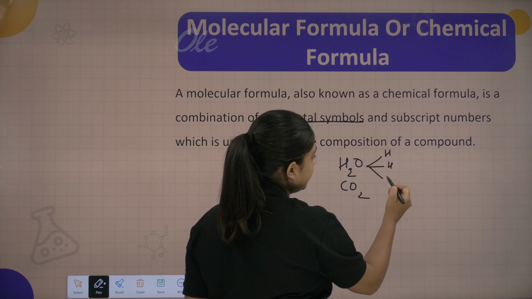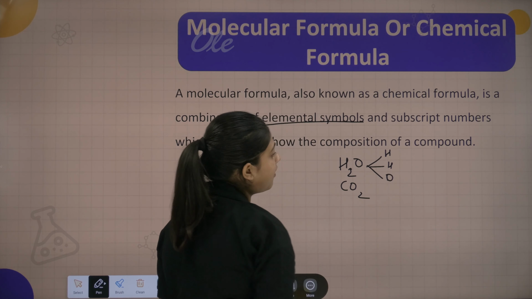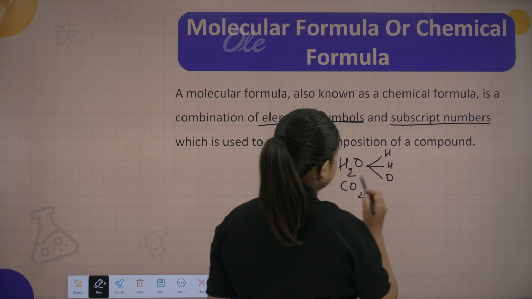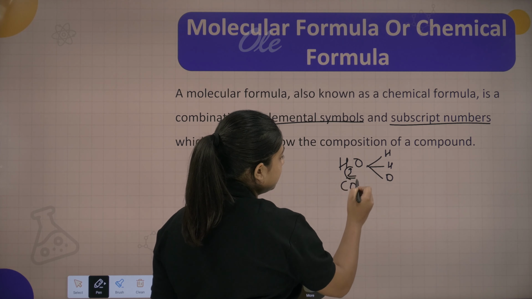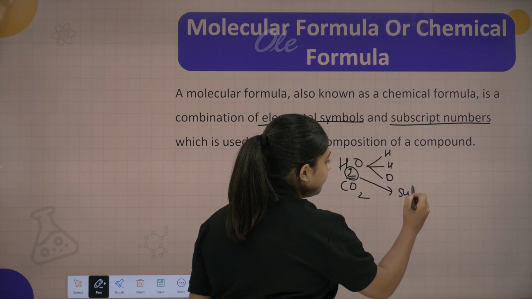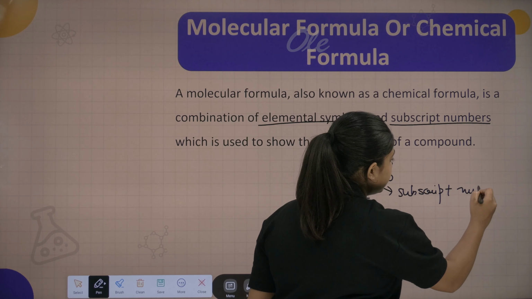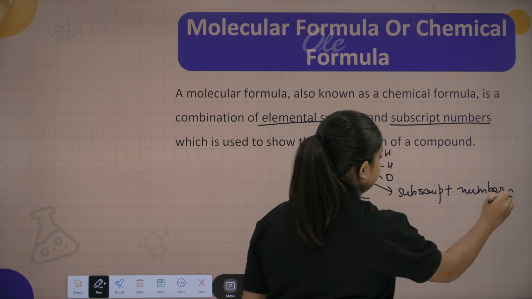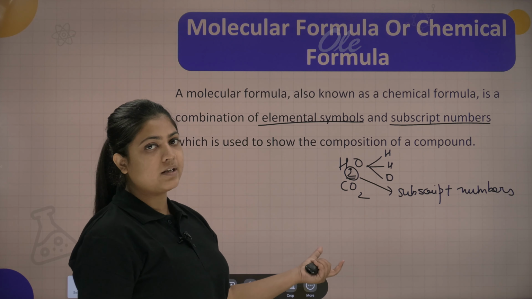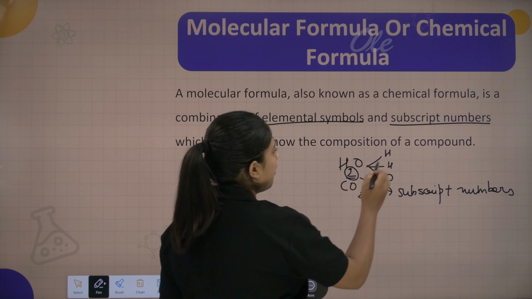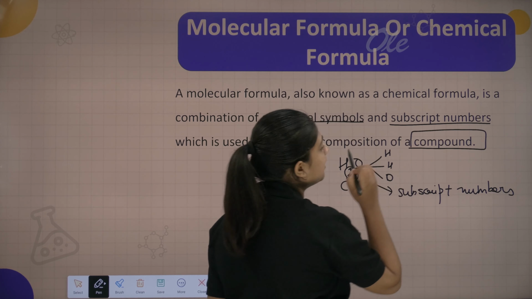The elemental symbol of hydrogen and the elemental symbol of oxygen are being used, and subscript numbers, you can see here 2, we are talking about subscript numbers. Similarly, in case of carbon dioxide, all these together form the formula of a compound.